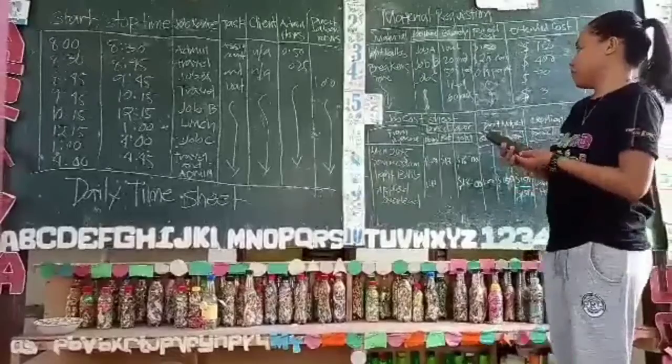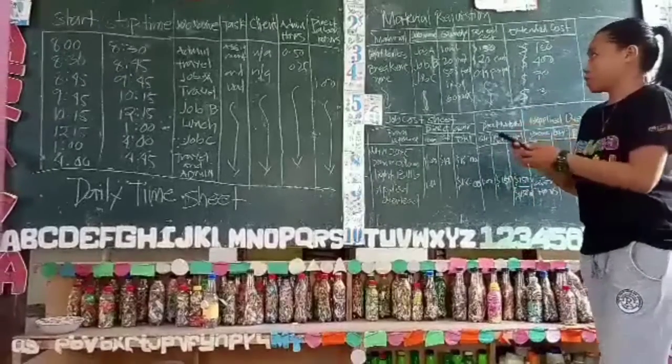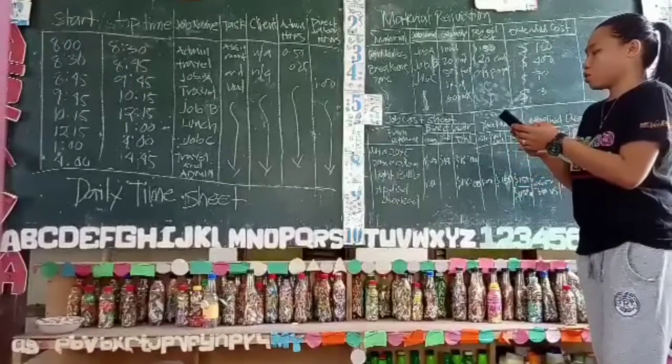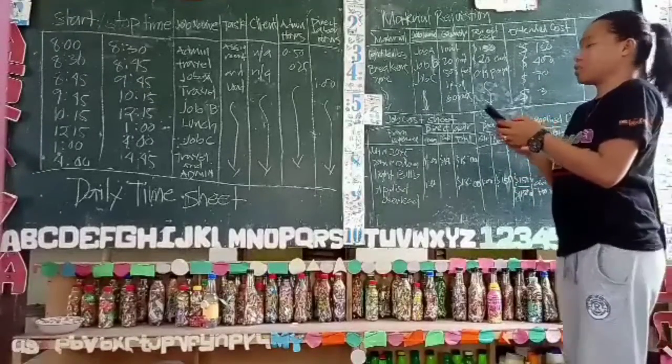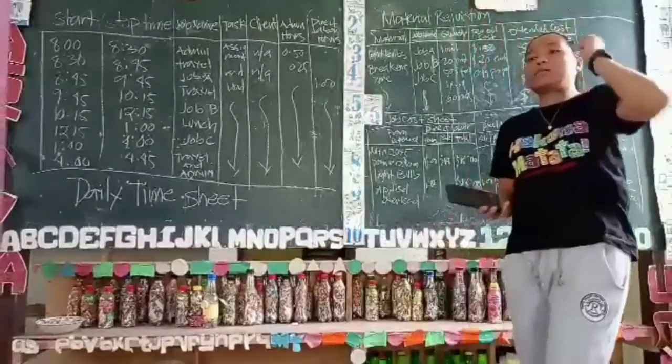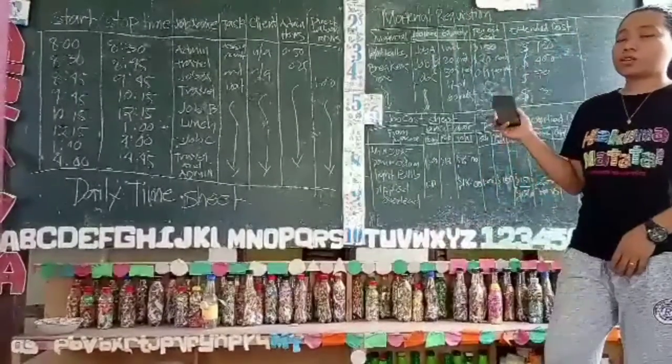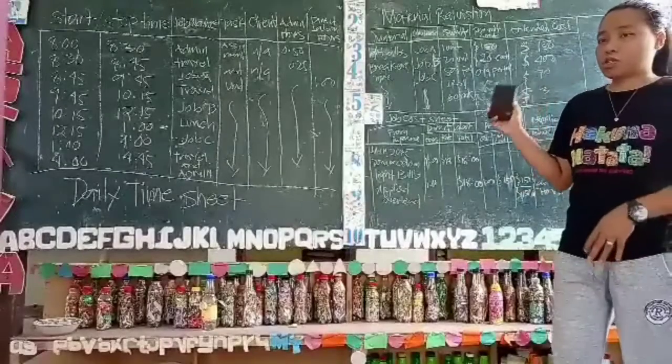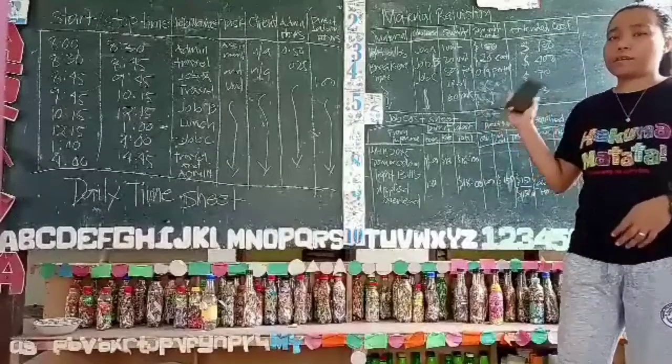Then 500 feet times 0.14 equals $70. We will use this extended cost in the job cost sheet as the total for the column for direct materials.